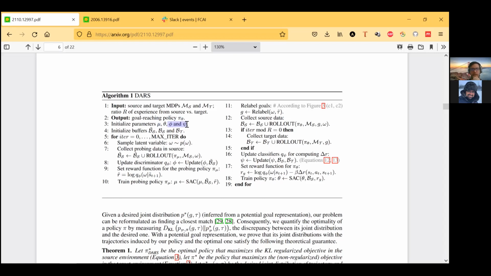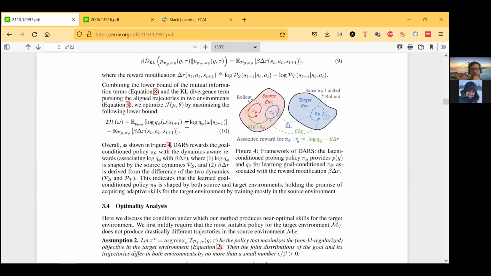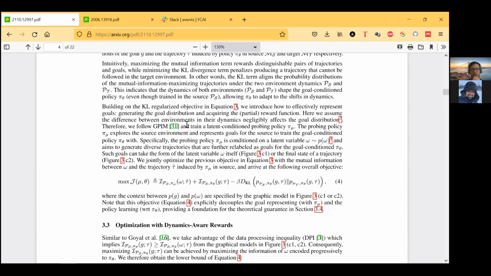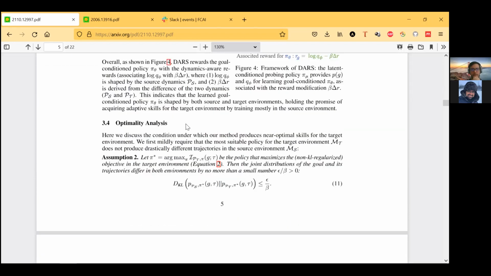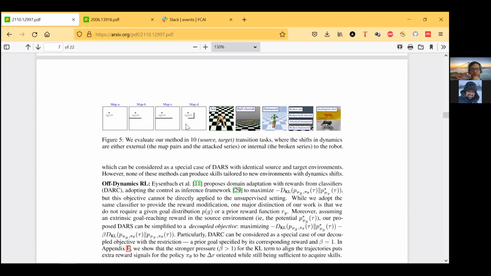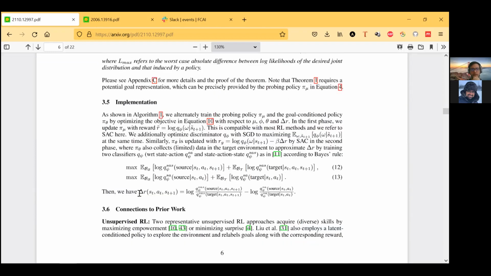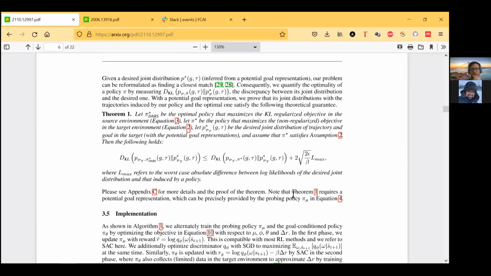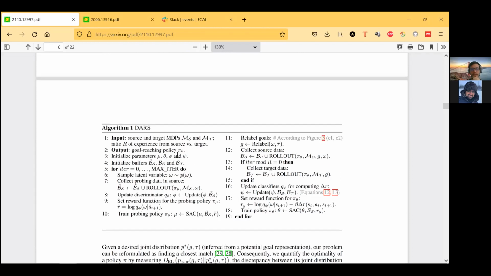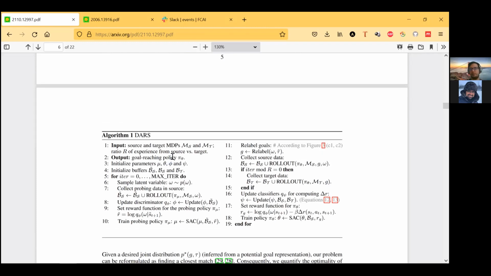One for approximating this delta R, the one that penalizes going into states that are different between source and target, and then the discriminator for saying if you are able to distinguish the goal from the trajectories, or actually just from a single state.